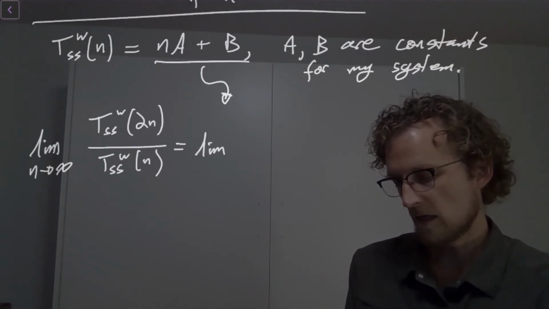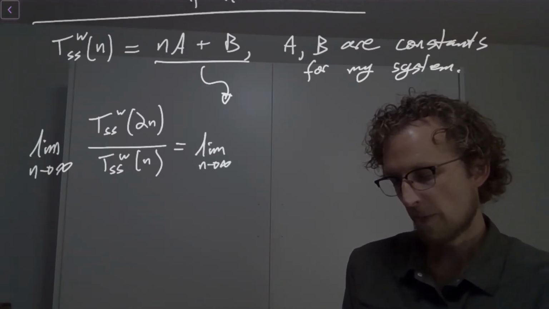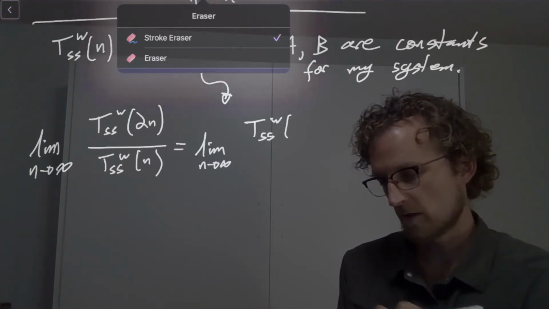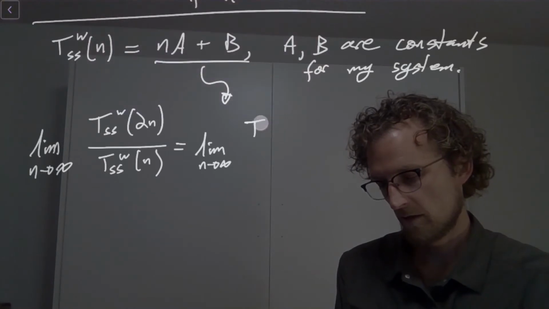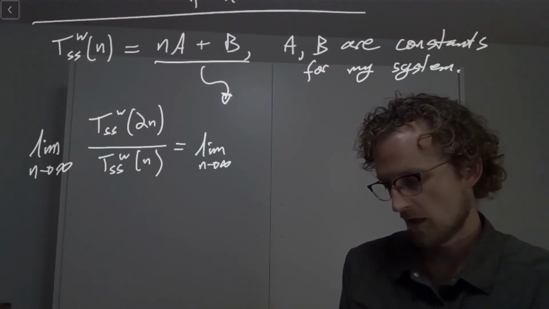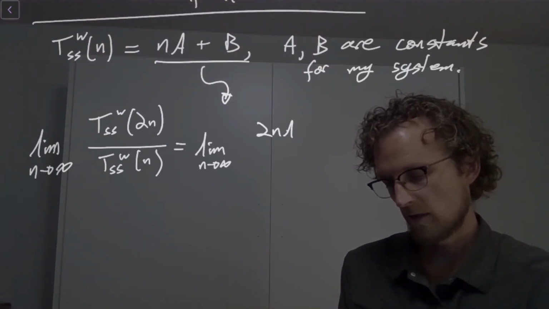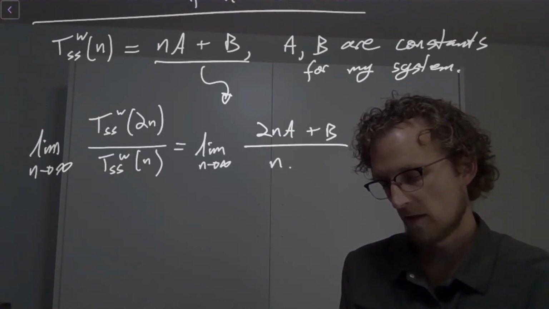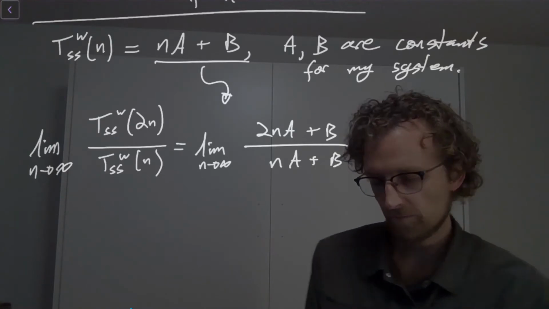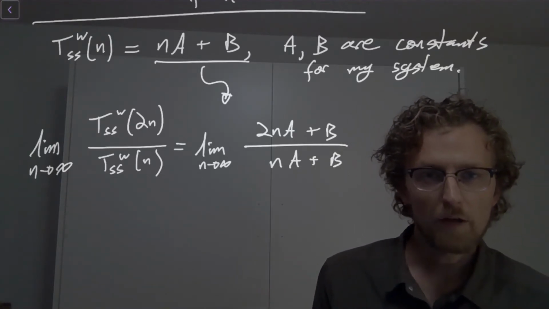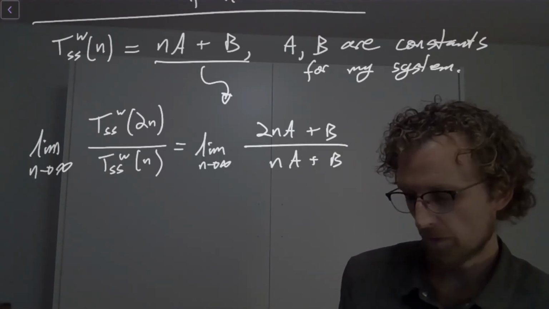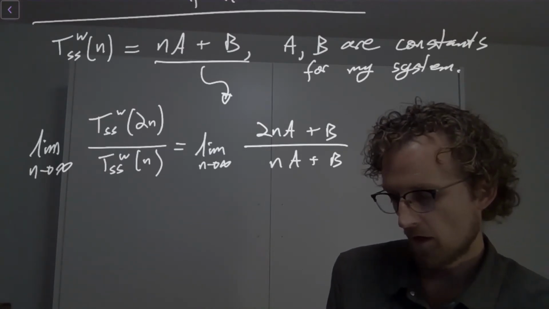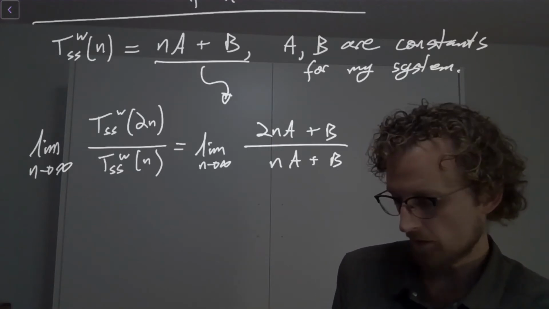So we have this expression, so I'm just going to drop this down in here with 2n replaced into the top and just n replaced into the bottom. So this is the limit as n approaches infinity of (2n times a plus b) over (n times a plus b). Okay, so now you've got to dig back to some calculus knowledge, and you'll have lots of practice doing that in this class. Think about, how do you compute a limit?